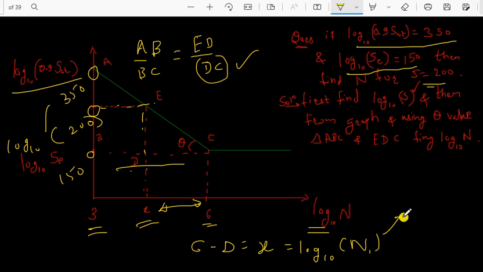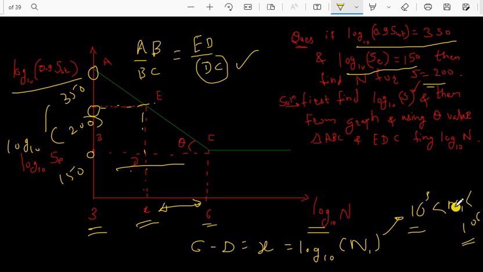This N1 will give you the exact number of life cycles before the fatigue failure. It will come greater than 10 to the power 3 and less than 10 to the power 6. Alright. Sorry, I have written it wrongly. The N value will be greater than 10 to the power 3 and lesser than 10 to the power 6.